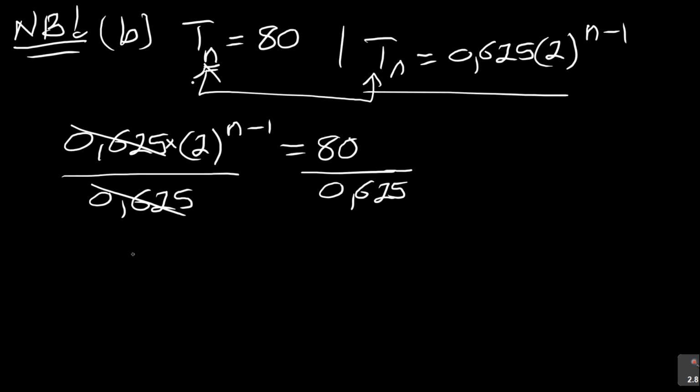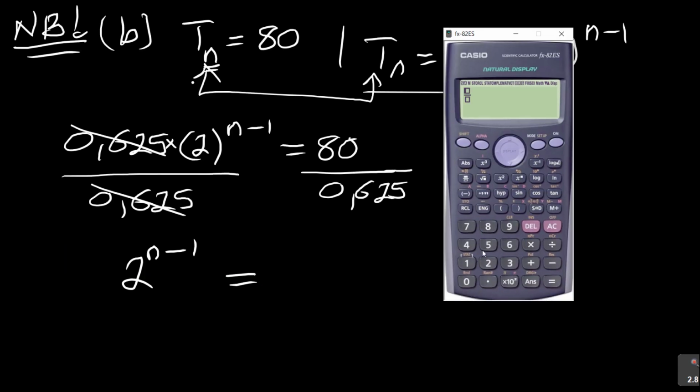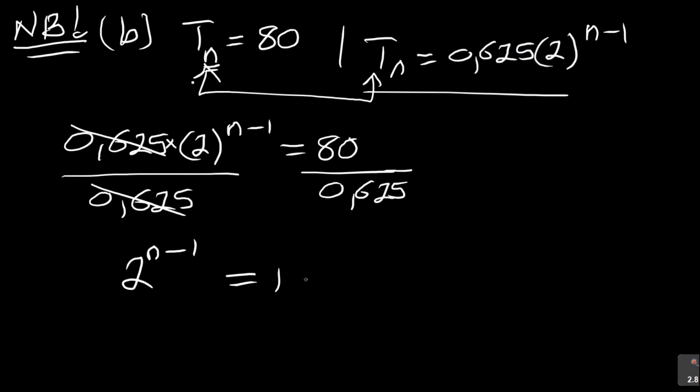You'll do the next step. So you'll have 2 to the power n minus 1, now you can remove that bracket, is equal to, take a calculator and find out what is 80 divided by 0,625. Then 128. They will give you numbers that make sense.